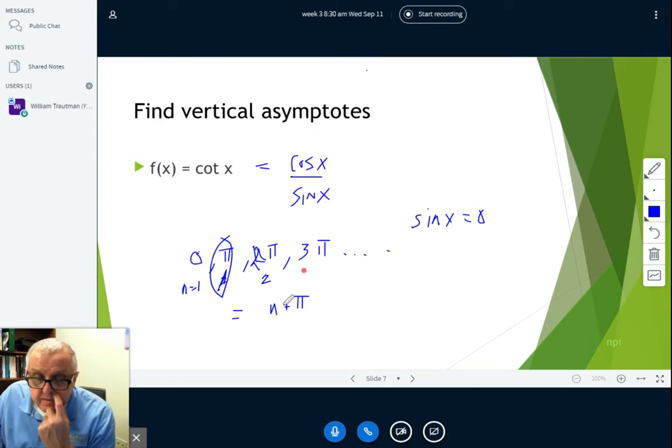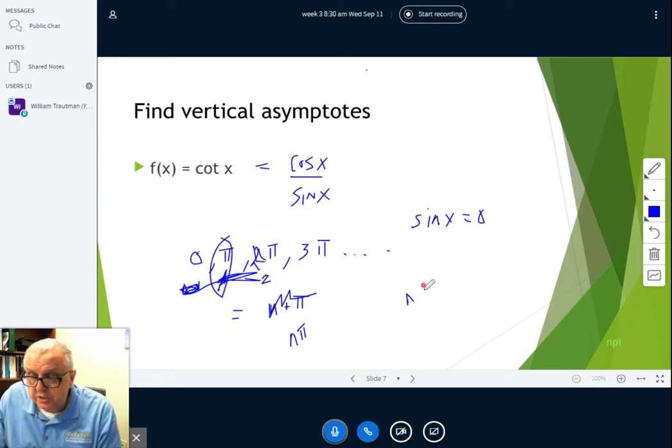Okay, so there is, it's not n plus pi. We should say n times pi. That makes better sense. And we'll use n is an integer.